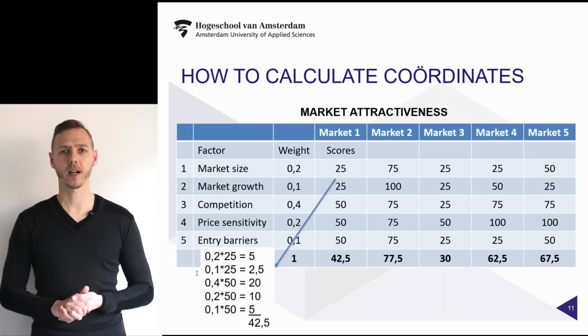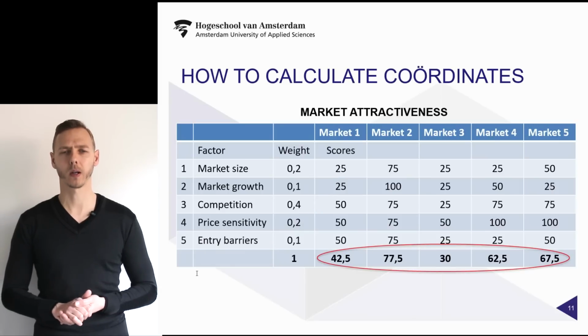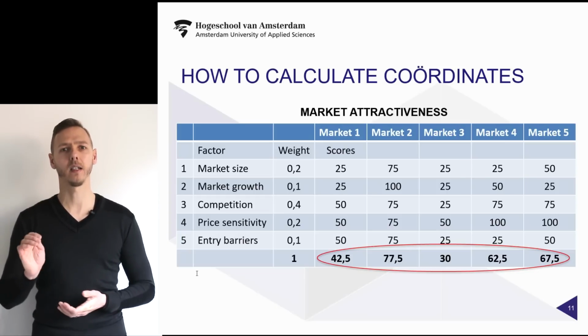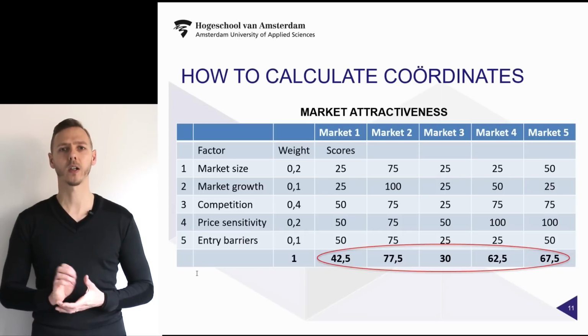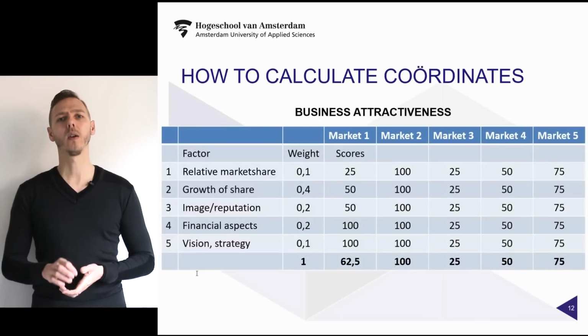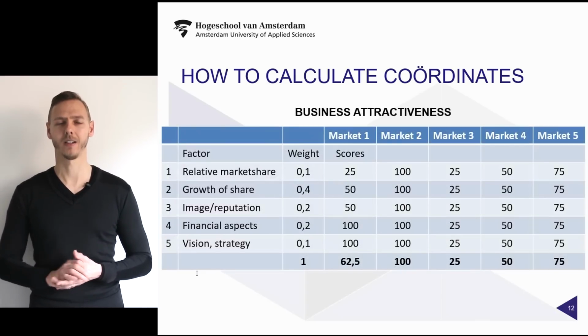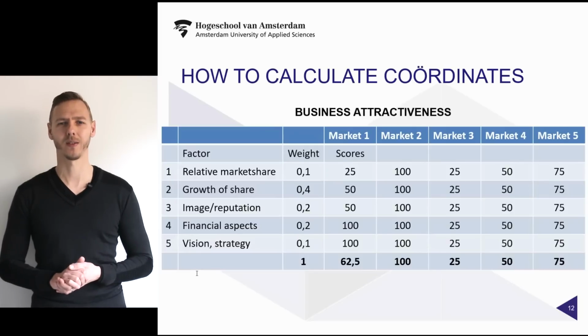You do this per criterion, and you do this per market you are in, or business unit or product market combination. So the weight times the score makes a certain figure in the end. You sum up all these figures, and this will give you a total, and this is your first coordinate for your first axis. You do exactly the same for your business attractiveness axis.